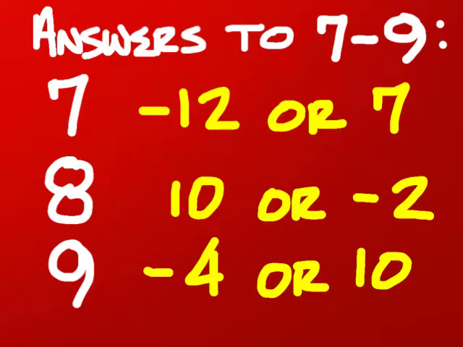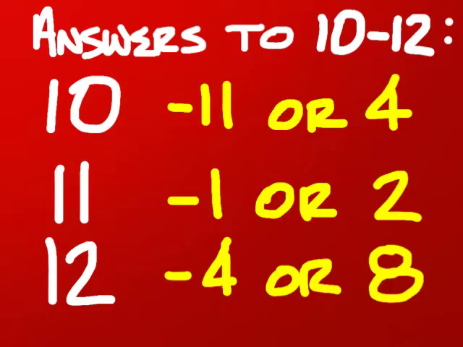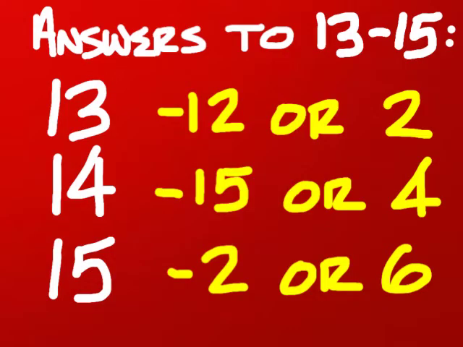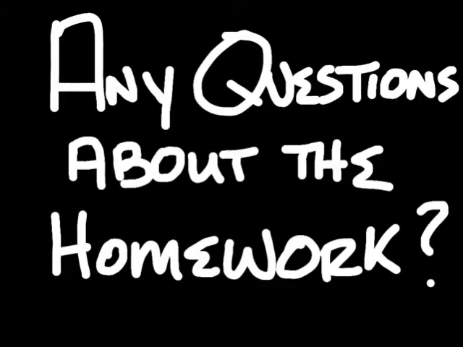If you have 3 of them. 10 through 12. If you have 3 of them, come and get it. 13 through 15. If you have 3 of these, get 3 million.